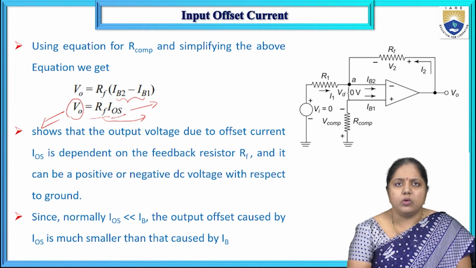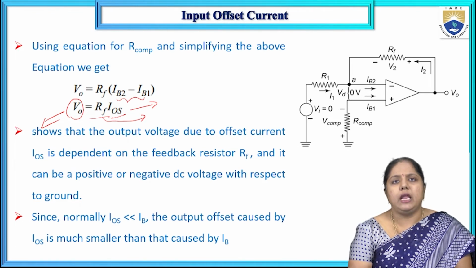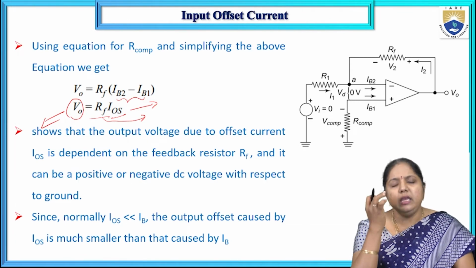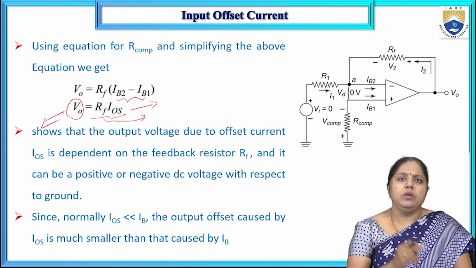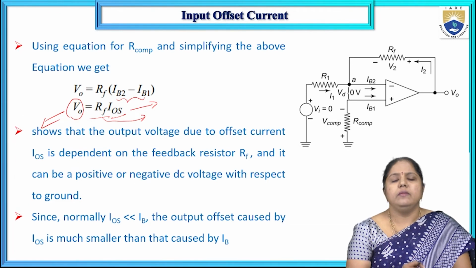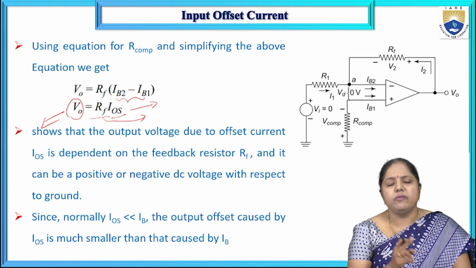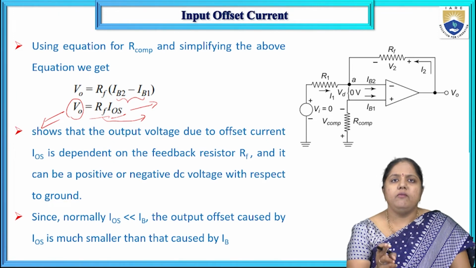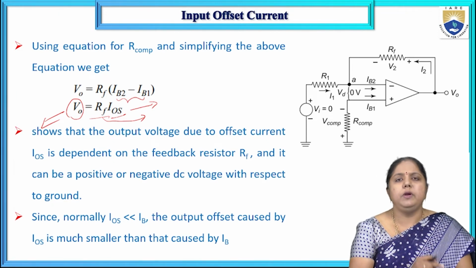Absolutely no. Why? Because the input impedance of an operational amplifier is infinite, or in practice it has a high input impedance. So the feedback resistance should also be in the order of the high input impedance itself, because the feedback resistance affects the input impedance.